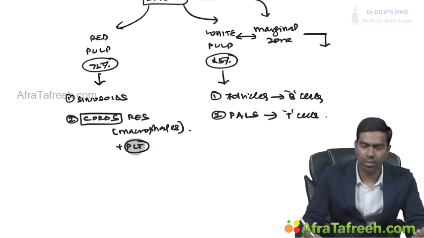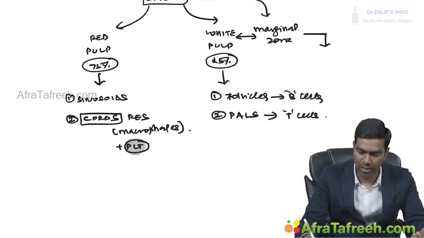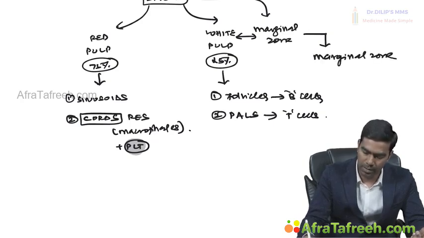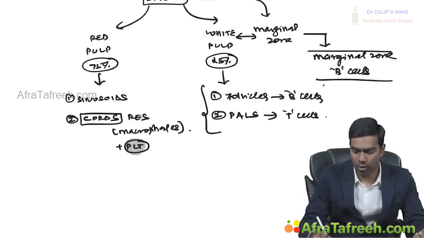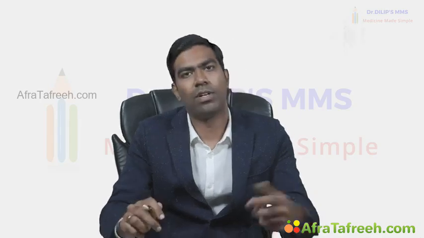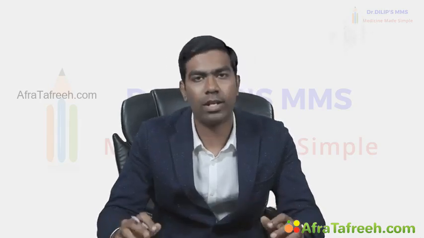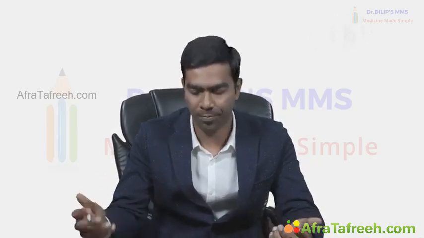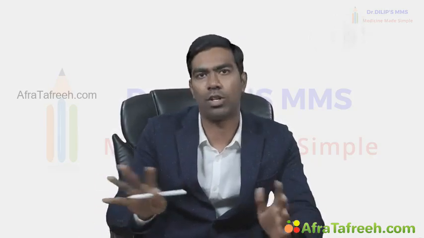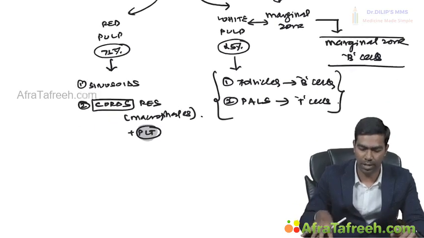The marginal zone is going to contain a specialized group of cells called marginal zone B cells. So these are the important things. In the spleen, these are the sites of immune reaction, the sites of adaptive immunity. So this is the histological differentiation of the spleen in general.